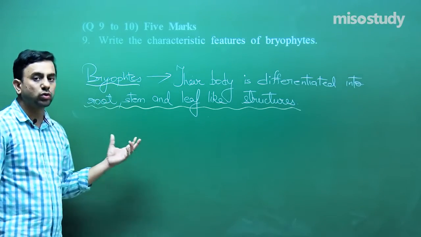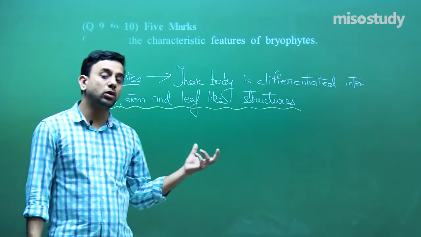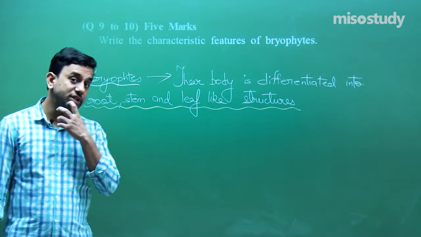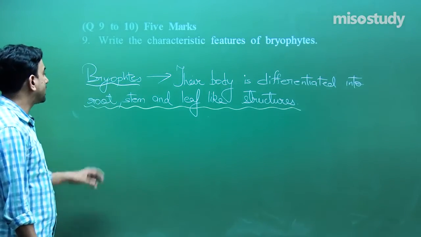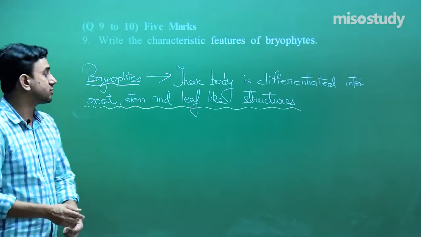The root like structures are called rhizoids, which may be unicellular or multicellular.